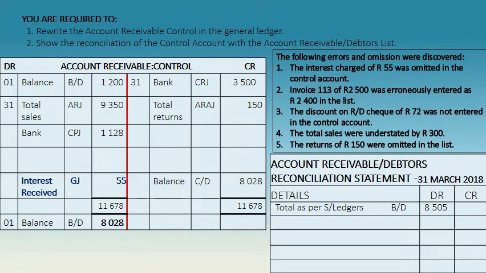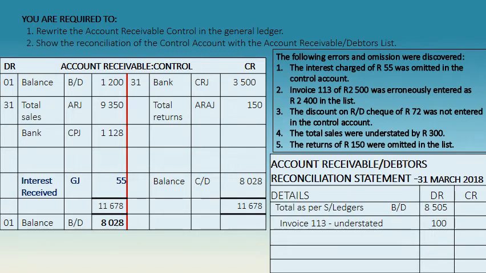The entry will be shown as invoice 113 understated, the amount 100 rand. The invoice is debited on the statement because it increases the receivables.